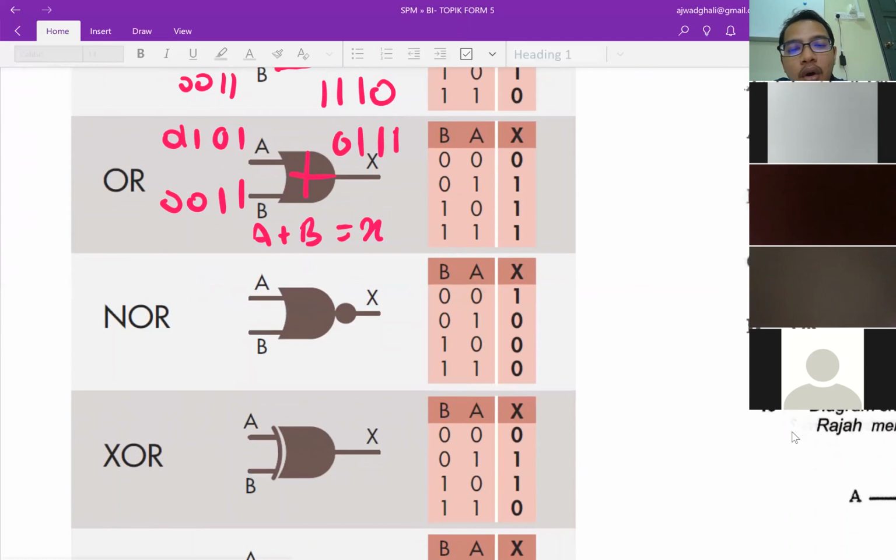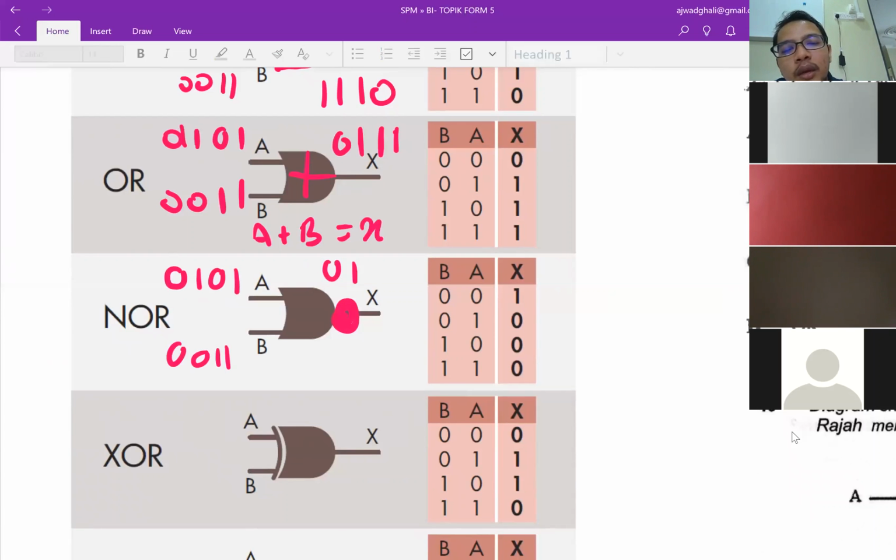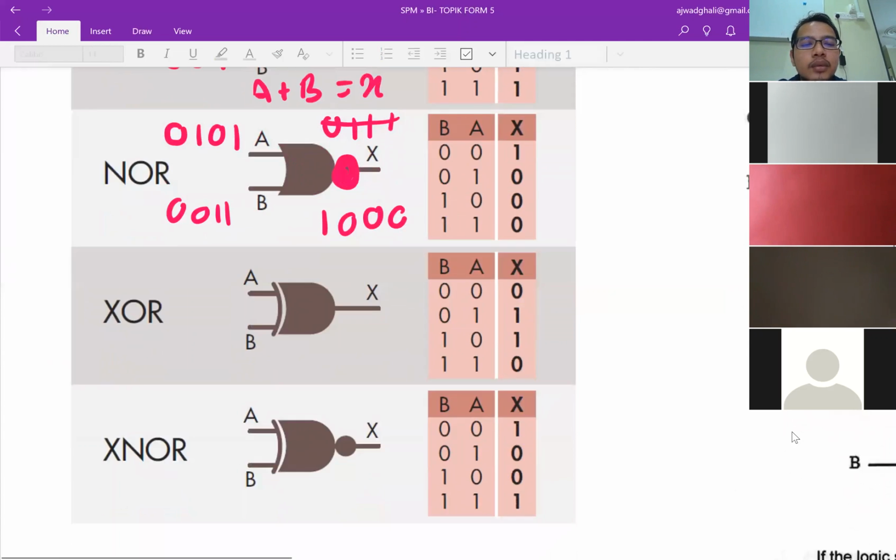So for NOR, there's a dot here. So the output will be the same, 0, 1, 1, 1. You make it NOT, it's 1, 0, 0, 0.